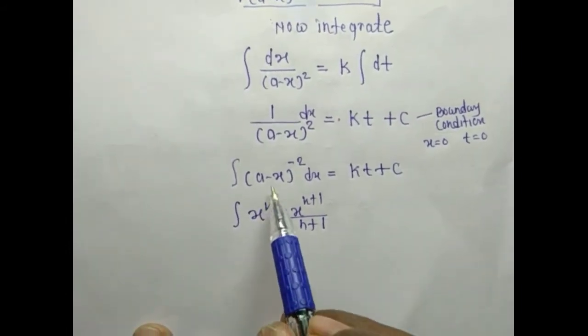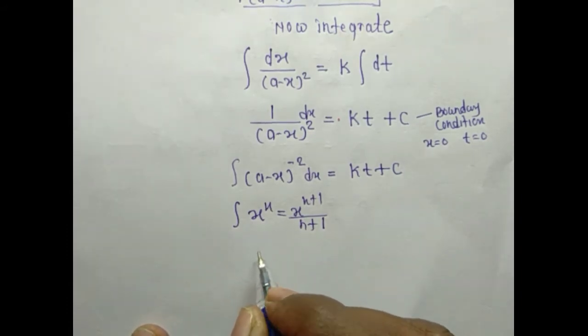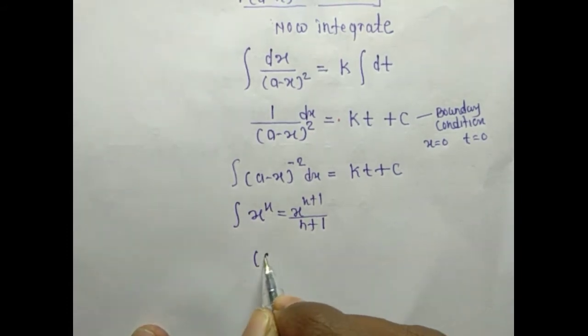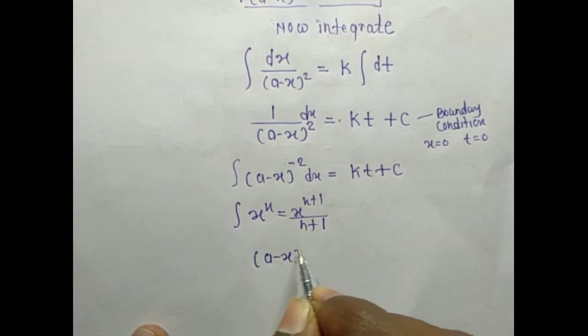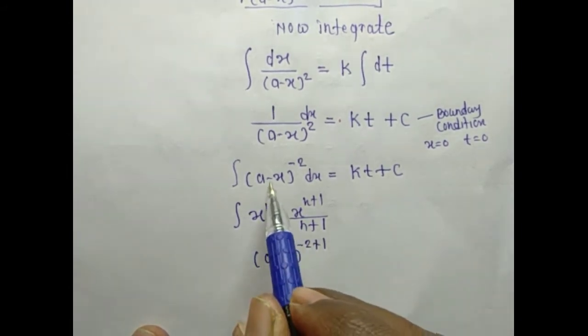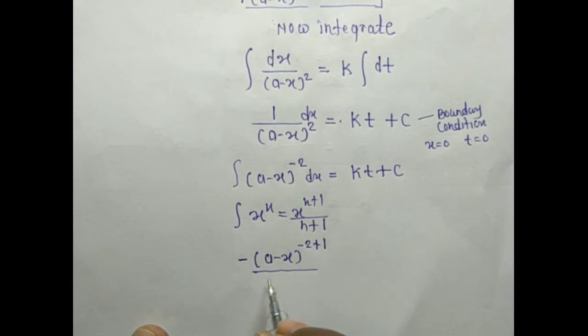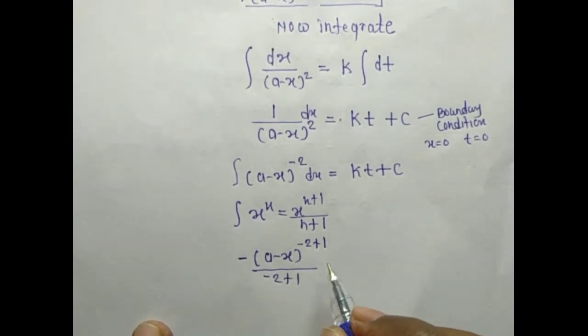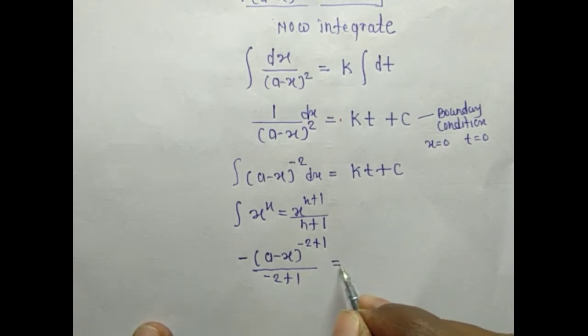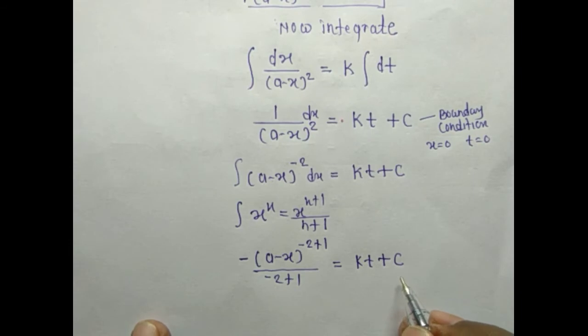So for (A minus x) raised to minus 2, the equation now becomes (A minus x) raised to minus 2 plus 1, and the minus sign of x comes outside the bracket, also divided by minus 2 plus 1. That's why the equation now becomes kt plus c as it is.